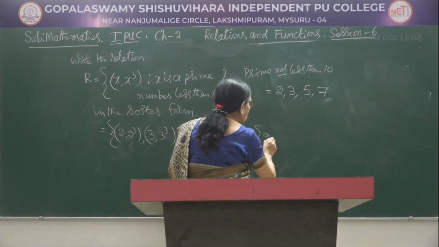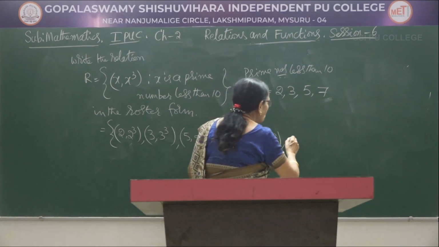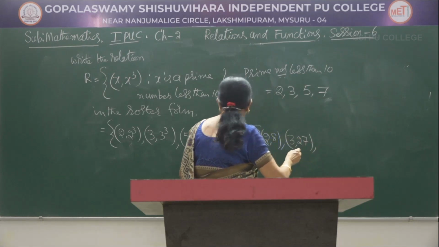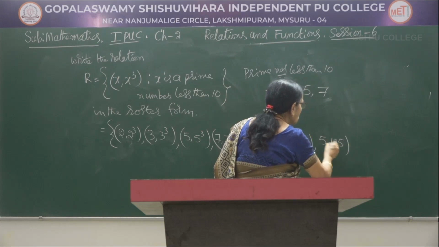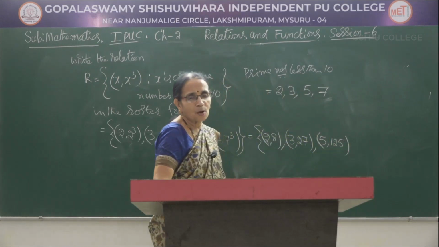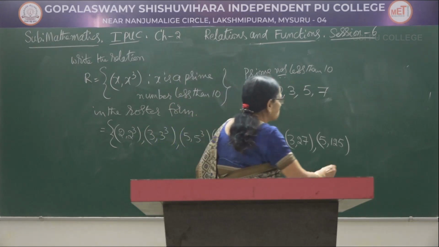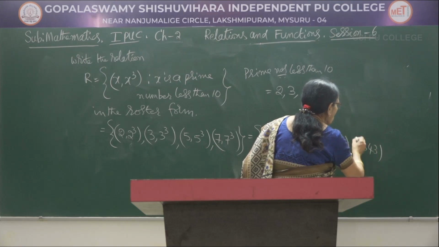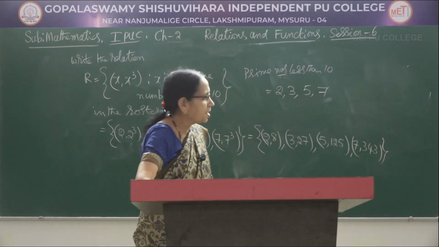2 cube means 8. So, you can write here (2, 8). 3 cube is 27. So, it is (3, 27). 5 cube is 125. So, you can write (5, 125), and the last number, 7 cube, is 343. (7, 343).